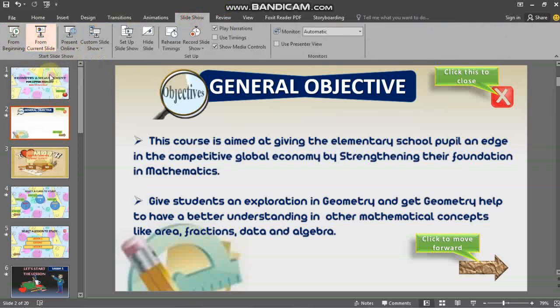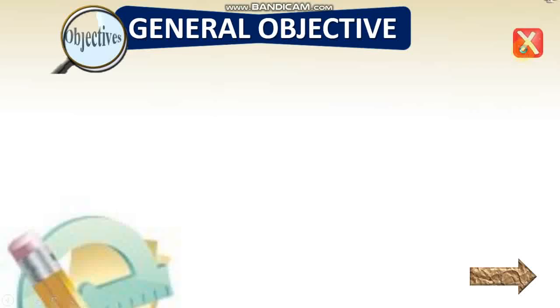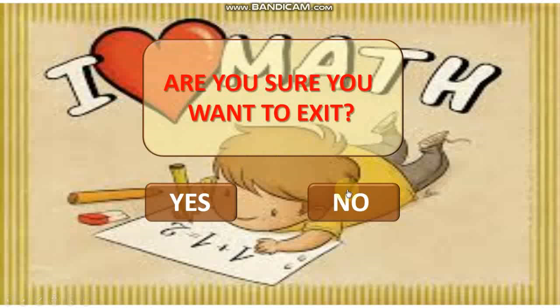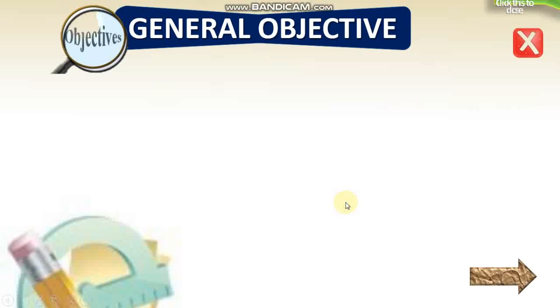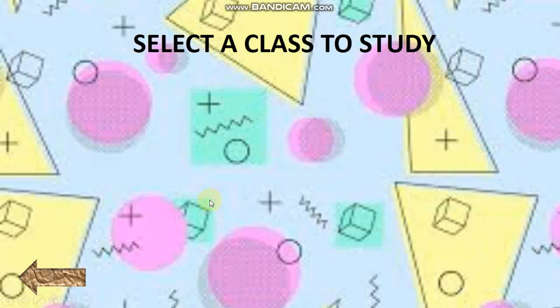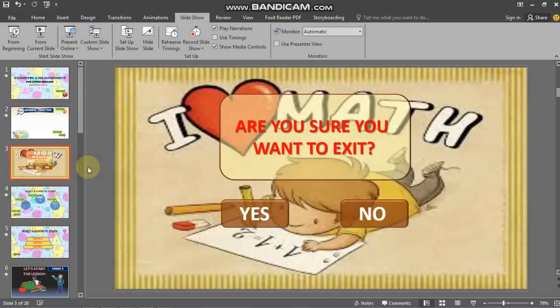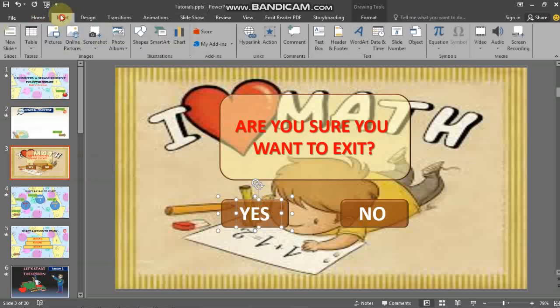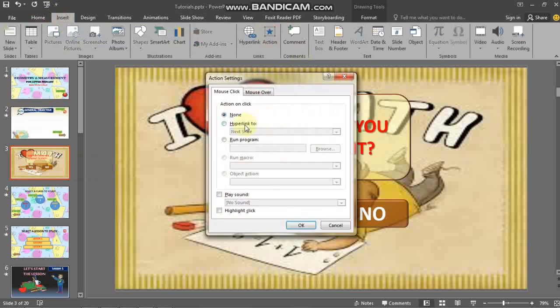Alright, so let's preview that slide and see how it goes. So from current slide, okay, close. You want to close? Nope. Good. Let's try again. Okay, yes. Oops, what's happening? Let's check it again. Insert action.